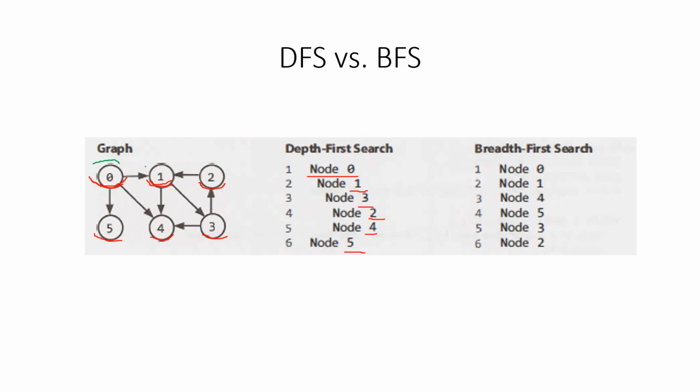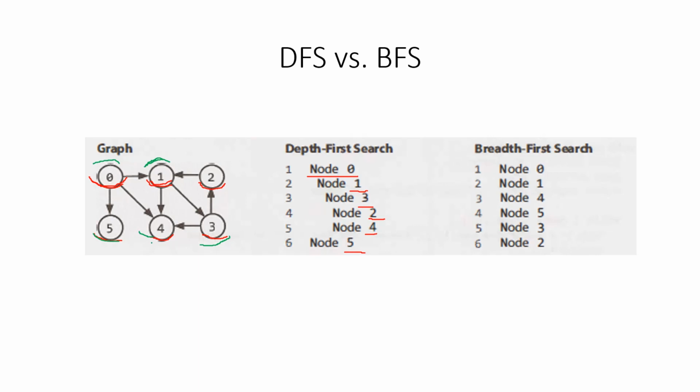So we put into our queue 1, then 4, then 5, right? Then we take out 1 from our queue because we put 1 into the queue first. From 1, we put 3 into our queue. We wouldn't put 4 because 4 is already in our queue.